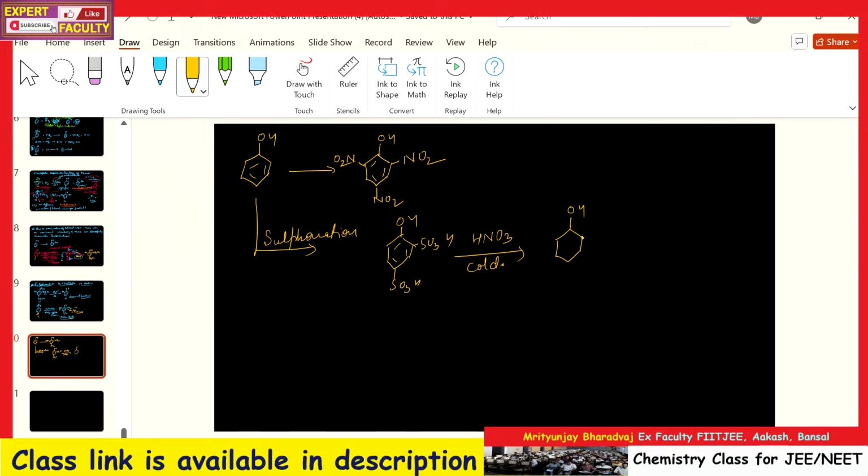Since HNO3 is an acid, that acid will facilitate removal of the sulfonic group. Getting my point? The sulfonic group will be removed, then NO2 will come here. But what is the benefit of sulfonation here? The yield of reaction will be high. So for this reaction, the yield will be high.